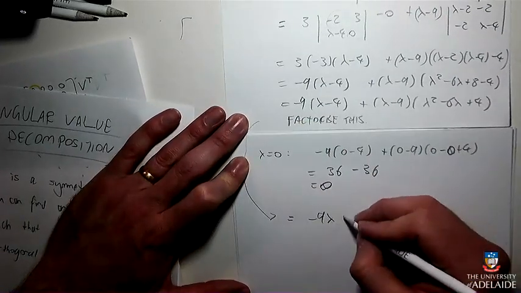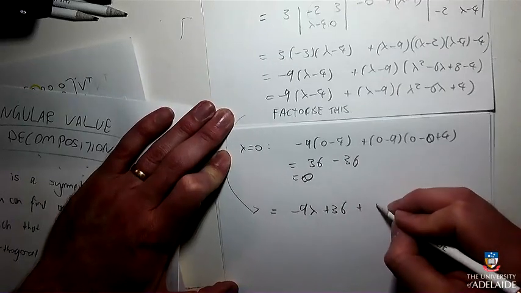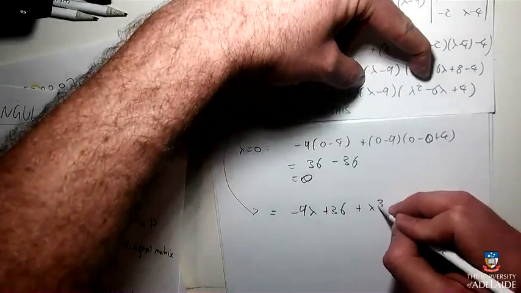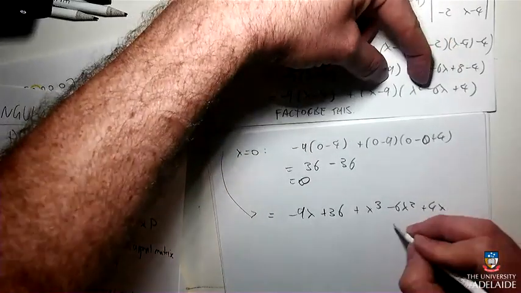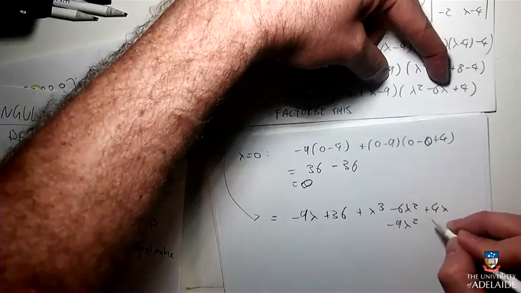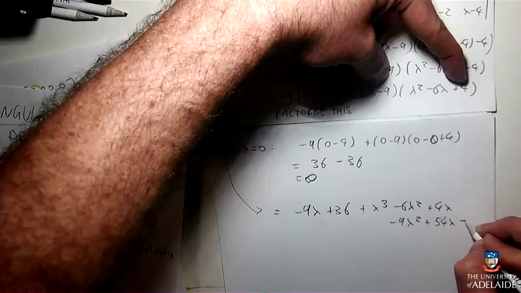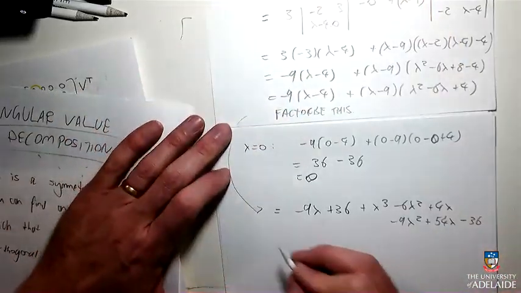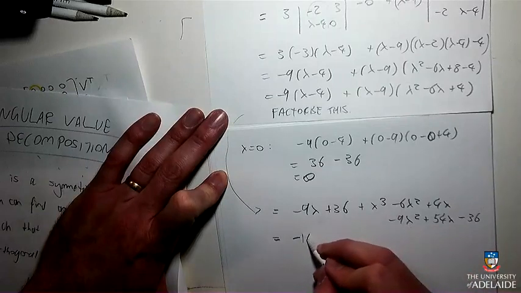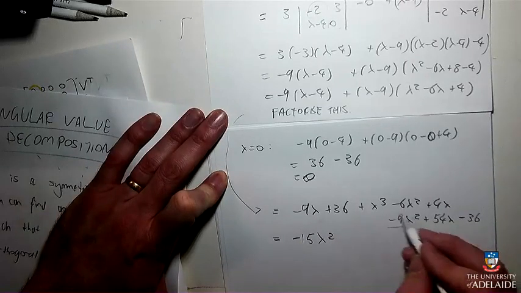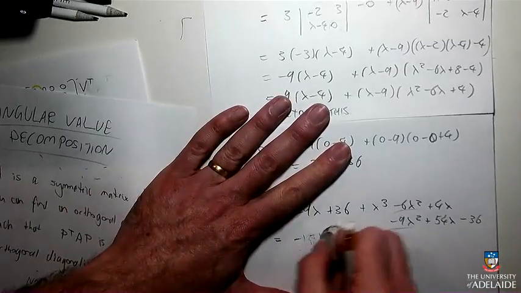Minus 9 lambda plus 36 plus lambda cubed minus 6 lambda squared plus 4 lambda minus 9 lambda squared plus 54 lambda minus 36. Oh, it's beautiful. So we've got minus 15 lambda squared and the lambda cubed as well.